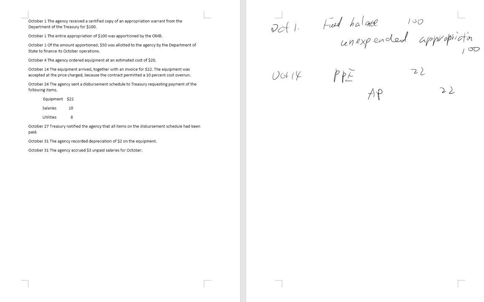At the same time, we're going to record this against our funds. Because we have spent, the appropriation is being used in this case. So under the proprietary work, we're going to debit the unexpended appropriations, 22, and now it becomes expended appropriations, 22.